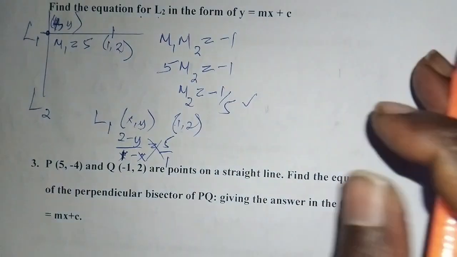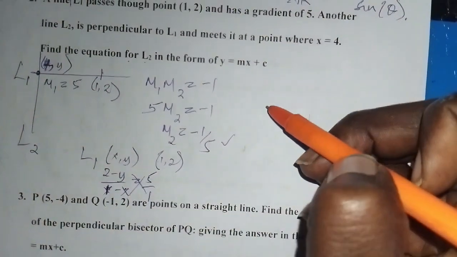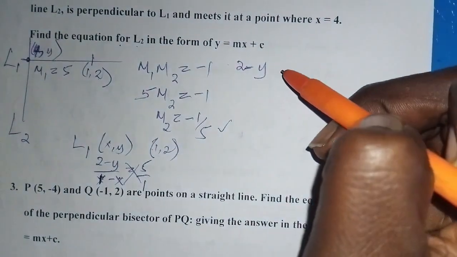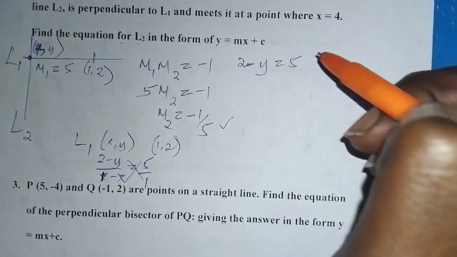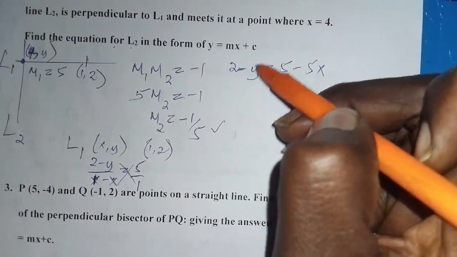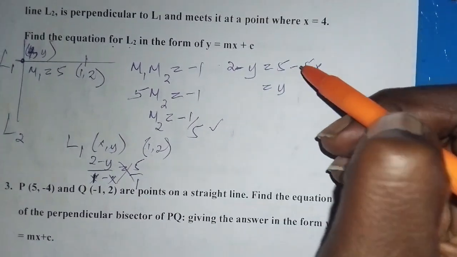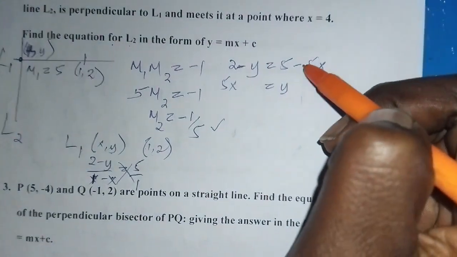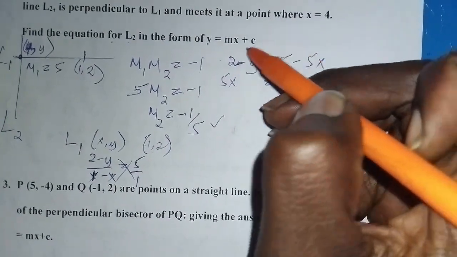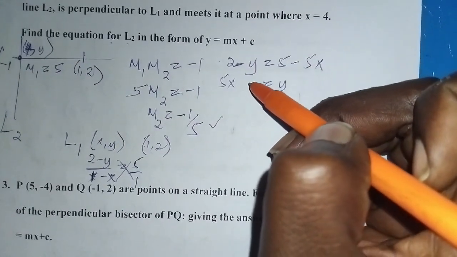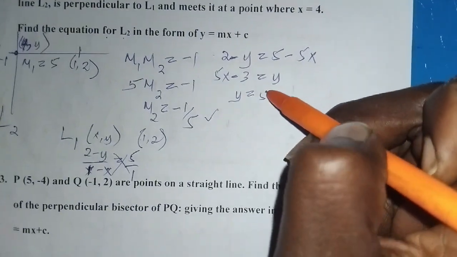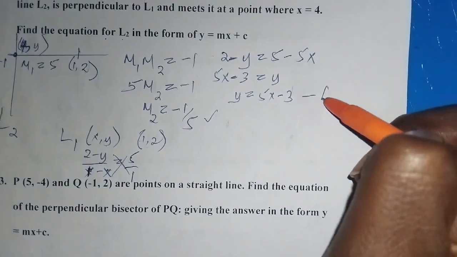So cross multiply, we shall get 2 minus y is equal to 5 minus 5x. So if this y goes this side, you'll have y is equal to +5x, then you have 2 minus 5, get -3. So the equation is y is equal to 5x minus 3 for L1.